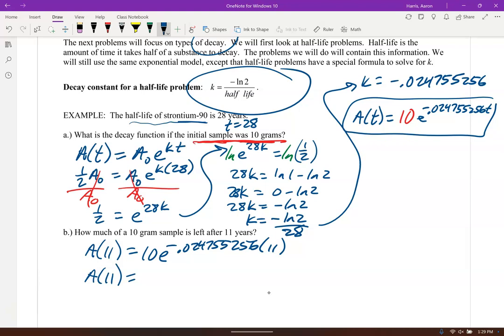So I'm going to take that negative 0.0247 blah, blah, blah times 11. And I get 10 e to the negative 0.2723 blah, blah, blah. Now I'm going to go e to that answer. And that's 0.7616. I'm going to multiply that by 10 in front.